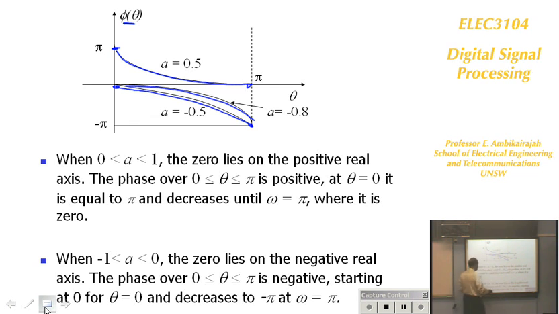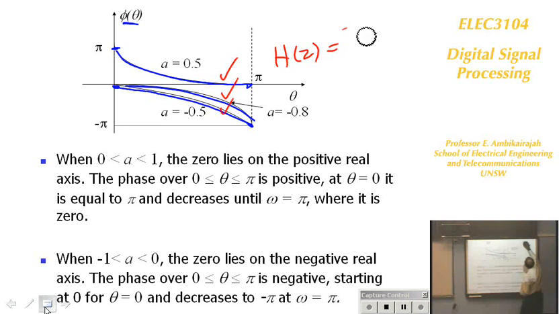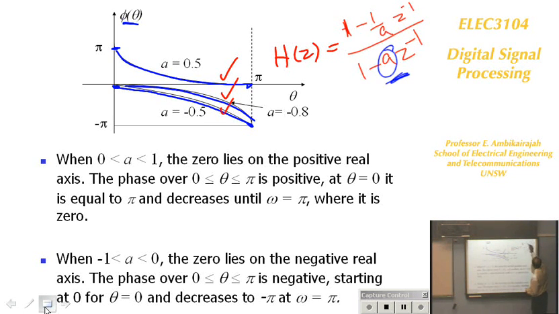And you can see the magnitude remains the same, but the phase is different because your transfer function h dash is equal to z minus 1 over A. So the other way around is 1 minus 1 over A z to the minus 1 divided by 1 minus A z to the minus 1. That's your transfer function. This is your pole. This is reflected, so that's your zero.